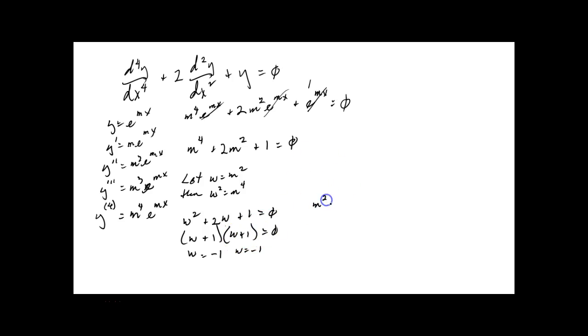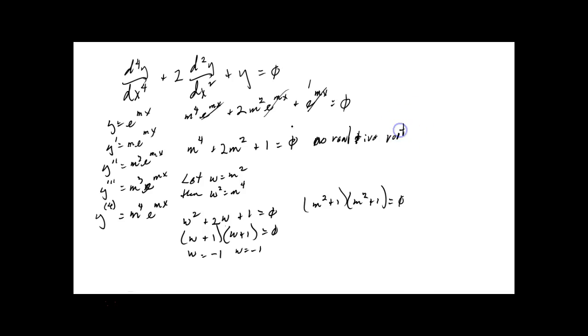This is m squared plus 1 times m squared plus 1 is equal to 0. And by the way, we didn't do our Descartes' rule of signs. We could have. How many sign changes you got here? 0. So there are no positive real roots.